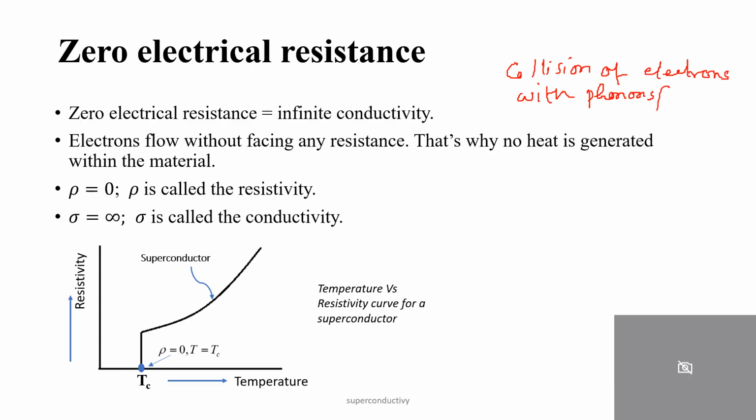Phonons mean lattice vibration. So as the superelectrons do not collide with the lattice phonons, in a superconductor the electrical resistance is zero. That means we have infinite conductivity. So electrons flow without facing any resistance. That's why we get no heat generation in the material.